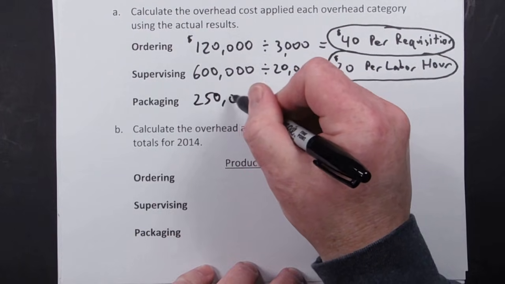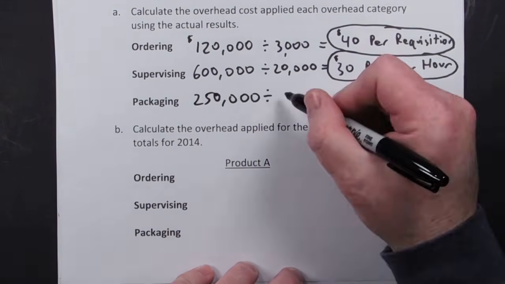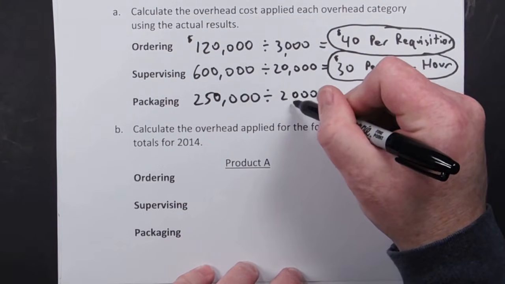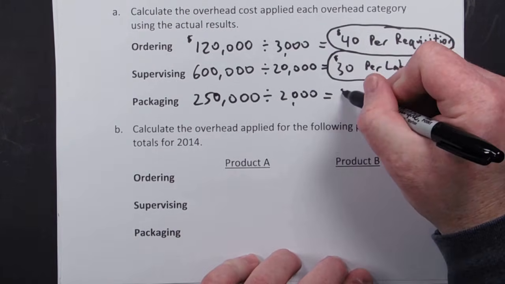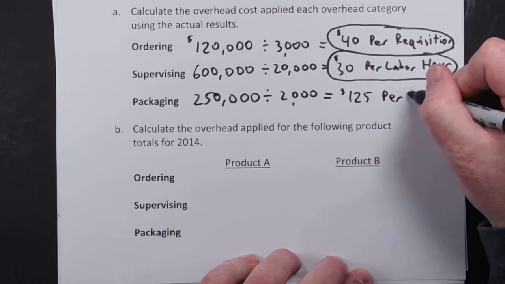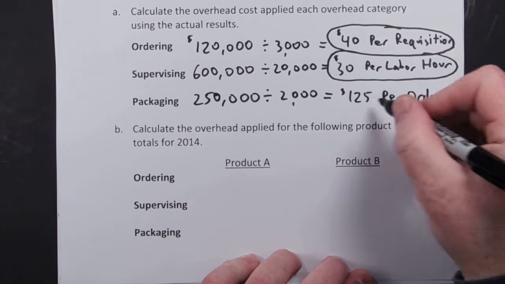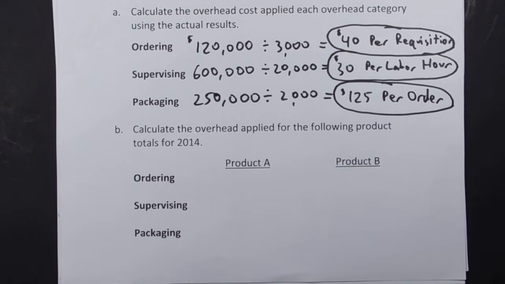And again, we're using the totals here for both product A and product B for the drivers. So $125,000, I'm sorry, $125 per order. So each order in packaging is going to cost us $125.